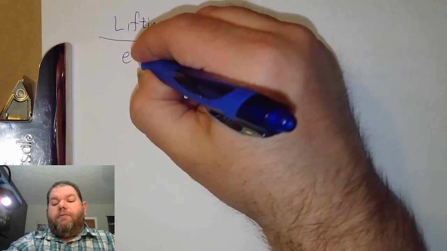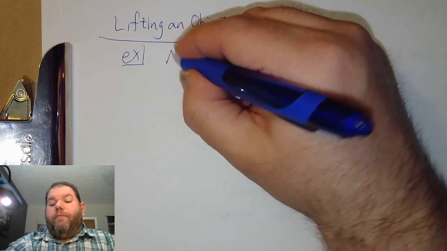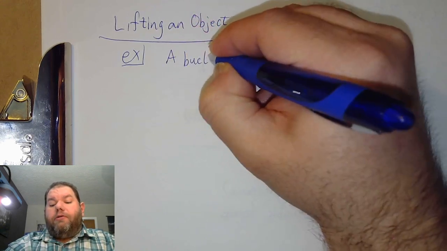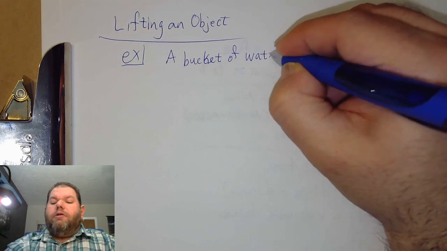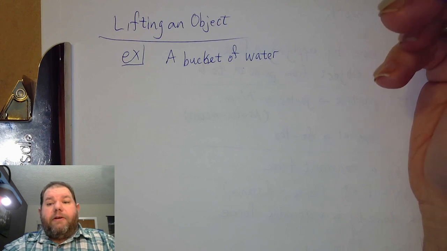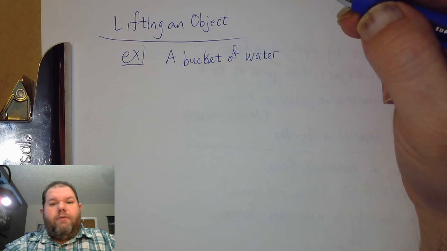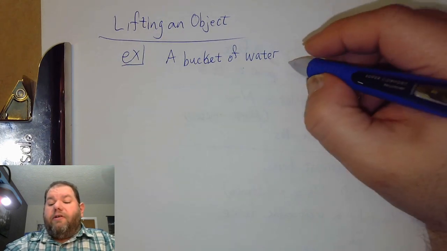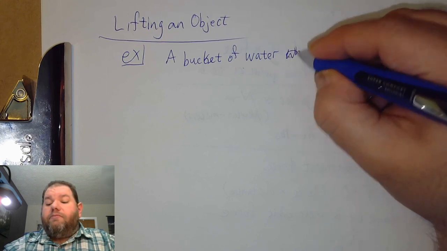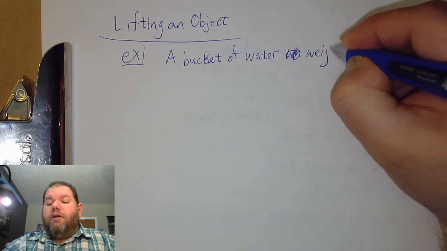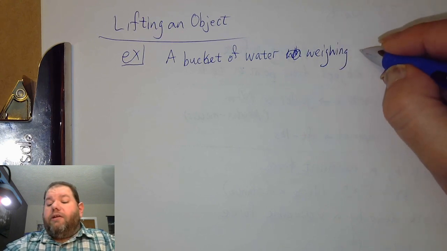Let me just give you an example. A bucket of water. Of course, it depends on the size of the bucket, but we know a gallon of water is roughly 8 pounds. So maybe in this bucket we have 2 gallons. Let's say we have a bucket of water weighing 16 pounds, and this time we'll say the water's not leaking.